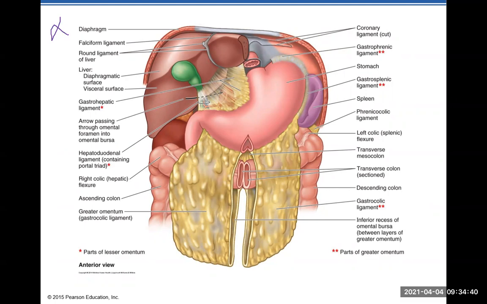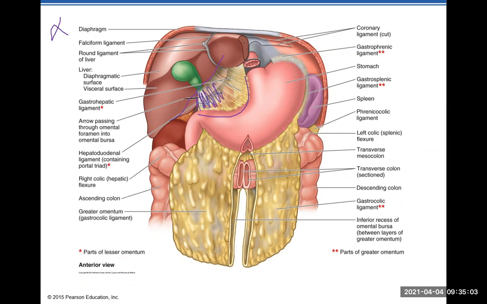So if you see here, from the lesser curvature, what do we have? We have a double-layered peritoneal membrane again, which is connecting to the liver. Do you see this one, the yellow color here?